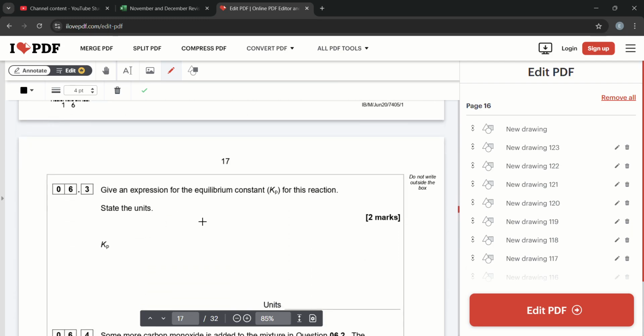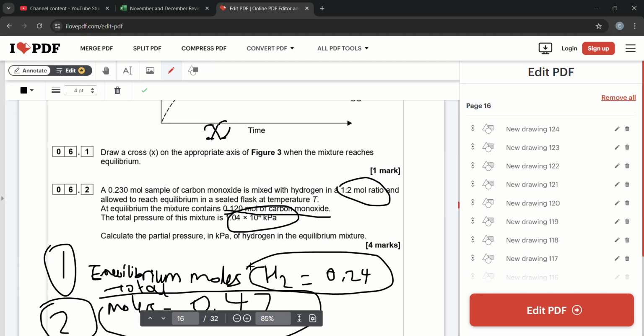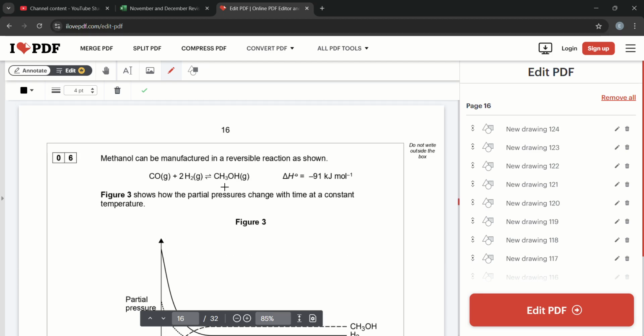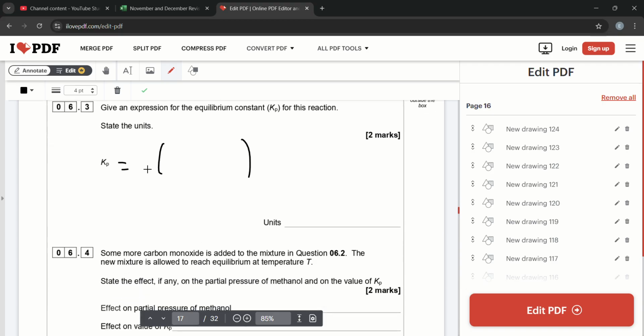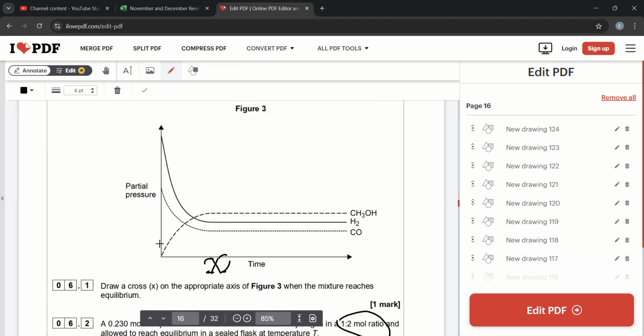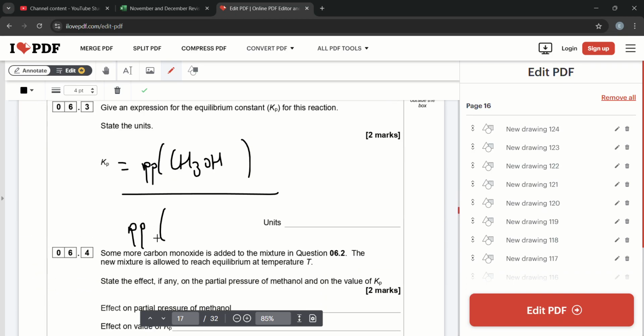So that's 6.1 and 6.2. 6.3: give an expression for the equilibrium constant Kp for this reaction. Kp is going to equal, remember curly brackets, the partial pressure of CH3OH over the partial pressure of CO times the partial pressure of H2 squared.